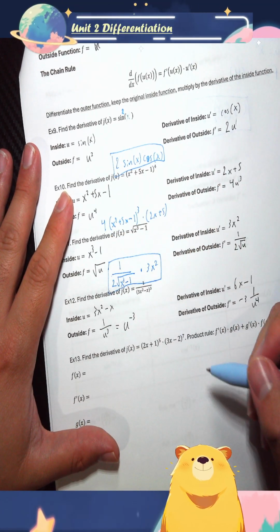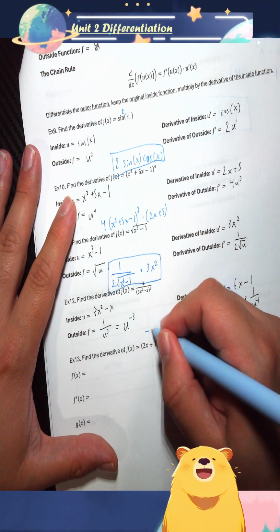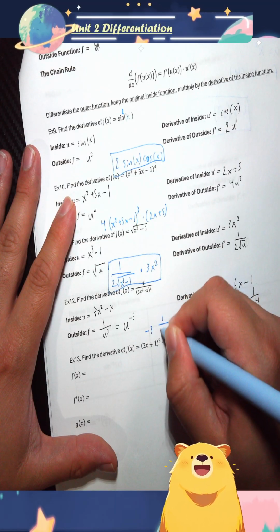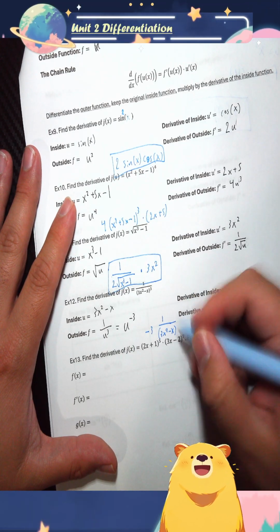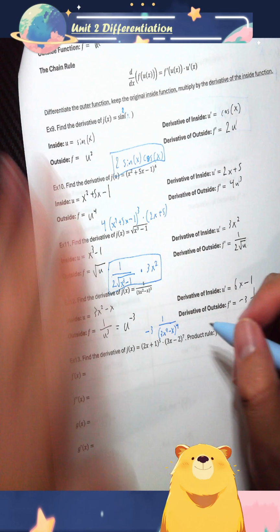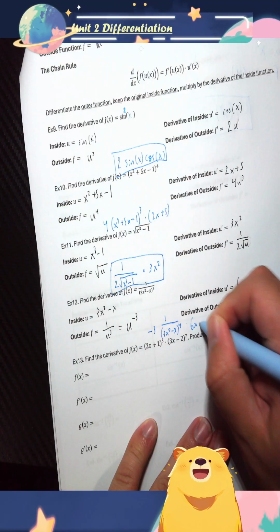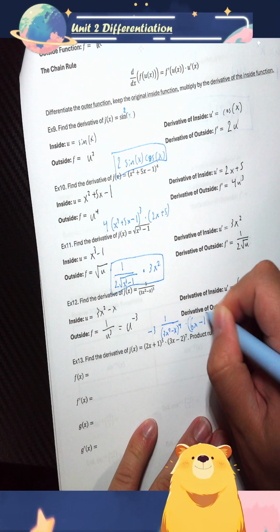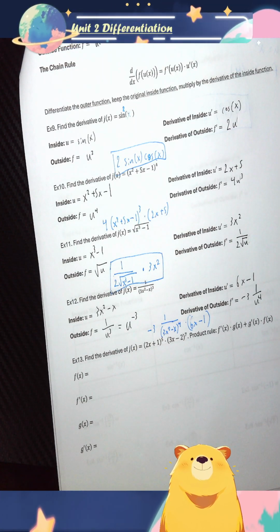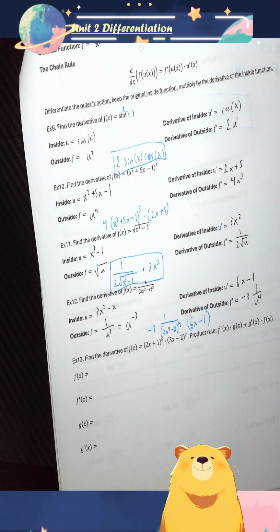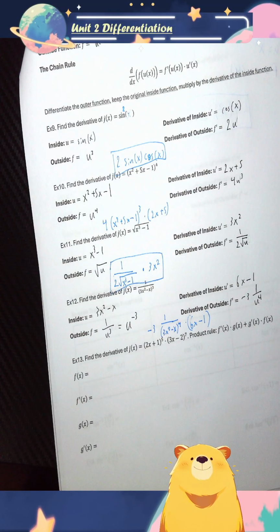Over here, last one, negative 3, 1 over parentheses 3x squared minus x to the power of 4, and then times the derivative of what was inside. So times 6x minus 1. Just double checking my answers.